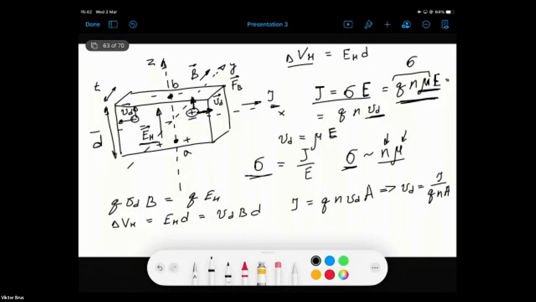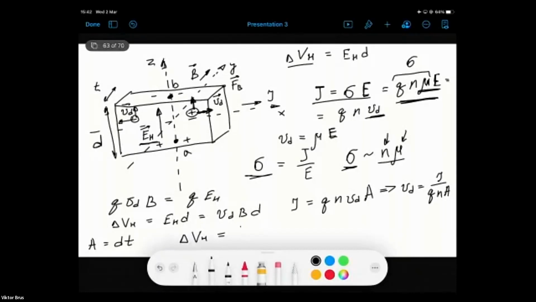So now keep in mind that in our case, the cross-section area A will be equal to D times T. So let us now express again this potential difference dVH, actually Hall voltage.